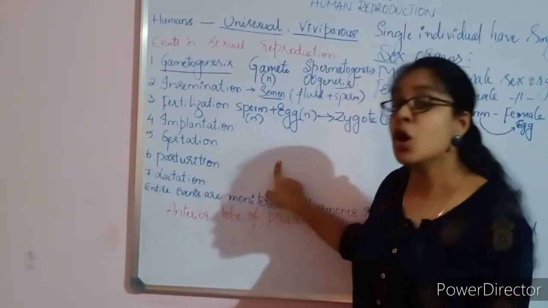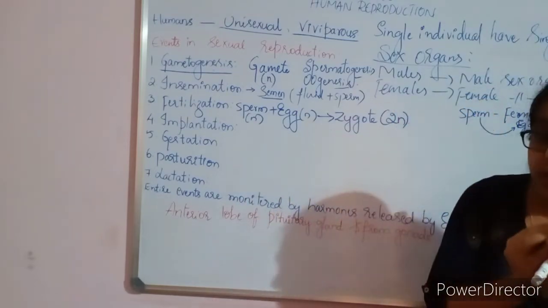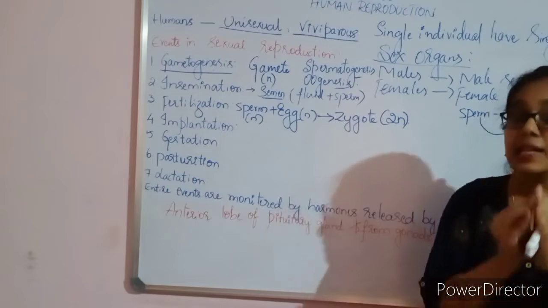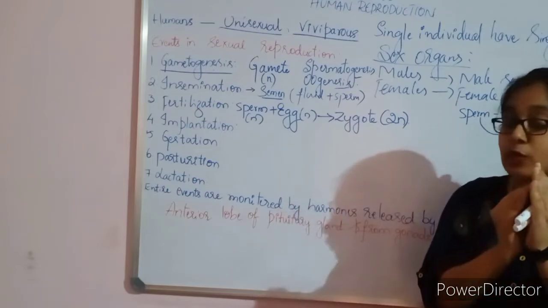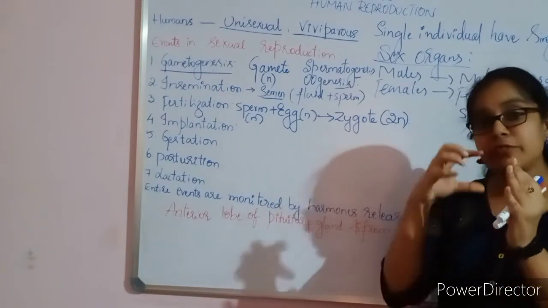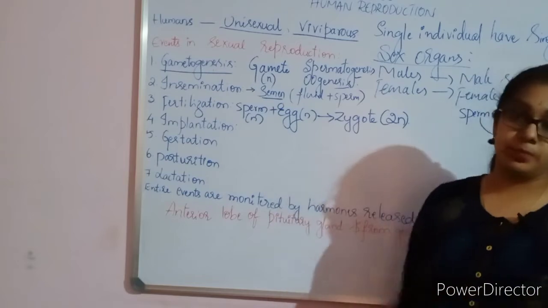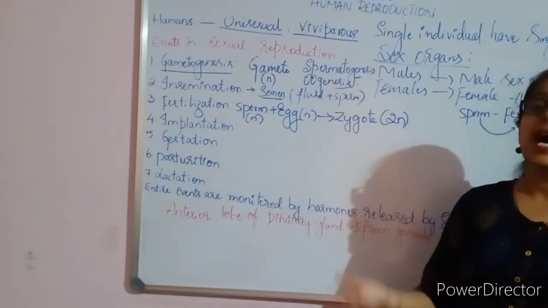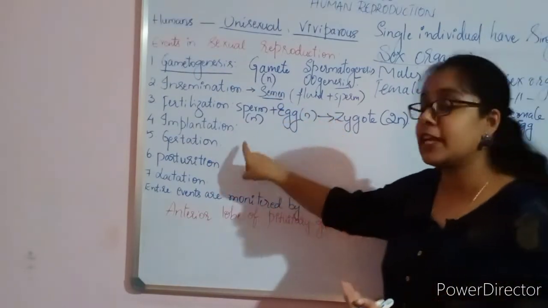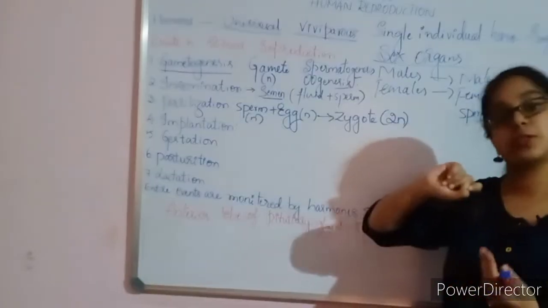Clear to you? If the zygote gets attached to the endometrium wall of the uterus, from there the zygote will develop into an embryo, and in that place itself the embryo will develop into a new individual. That is nothing but attachment of a zygote into the mother's womb, which is called implantation.